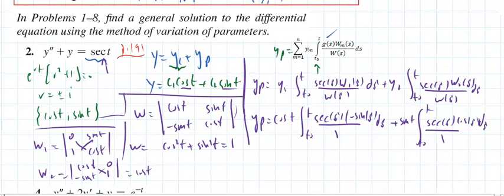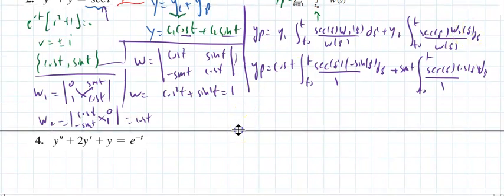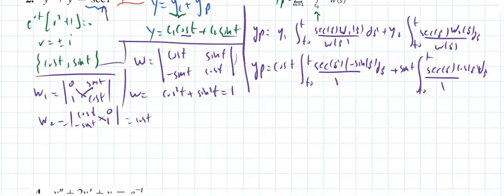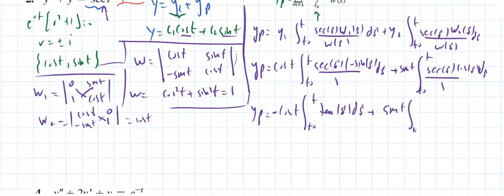Now that I have those, I'm looking at the particular solution being the cosine of t times the integral from t naught to t. That is going to be, isn't that 1 over cosine? So that's negative sine, so that's a minus. Sine over cosine, that's tangent of t, tangent of s. Plus the sine of t times the integral from t naught to t.